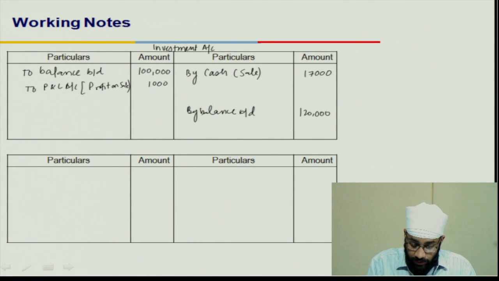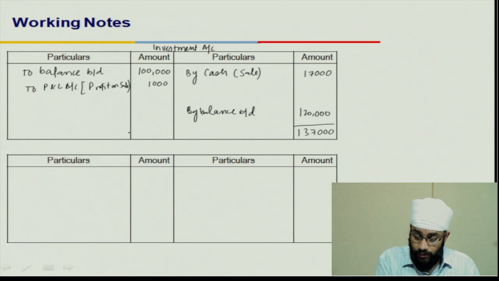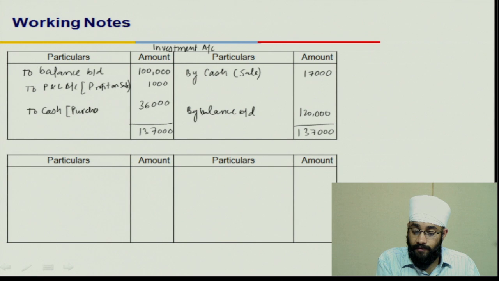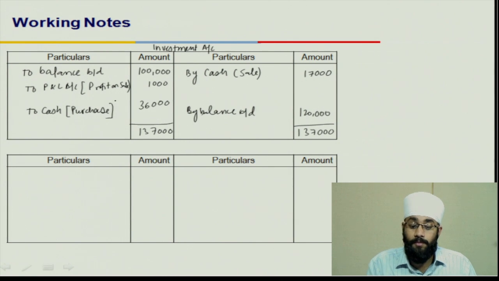Now when you total the two sides, you see that you have 137,000 on the credit side, which is higher than the debit side, and there is a balancing figure of 36,000, and this balancing figure is purchase of investments. So you have invested more money during the year.